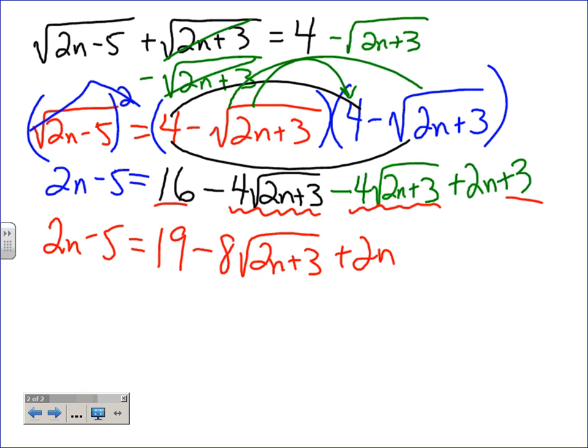Plus 2n. Those of you that can look ahead see something very nice that's going to happen. The n's cancel, which means I won't have to FOIL on the left side, which means we won't have an x squared, which means we don't have to do, oh, look at all this wonderful thing.